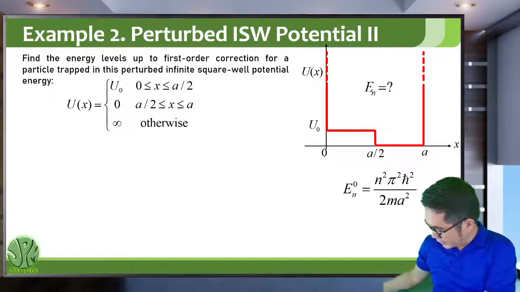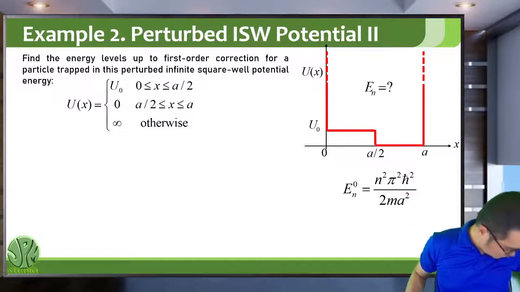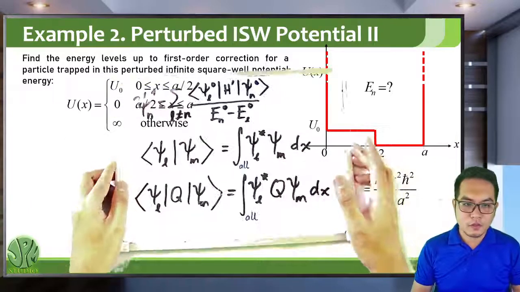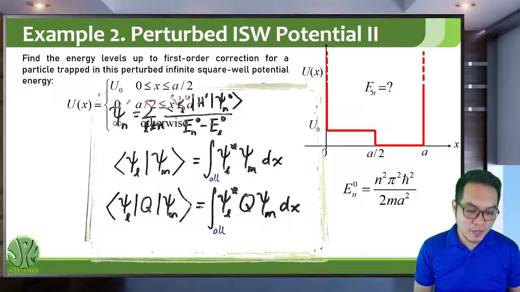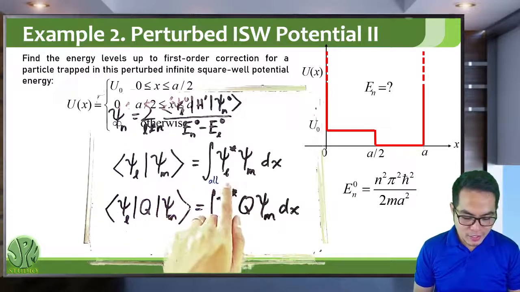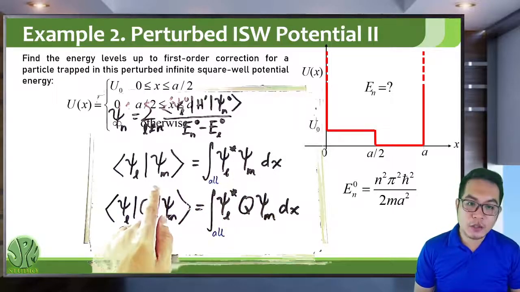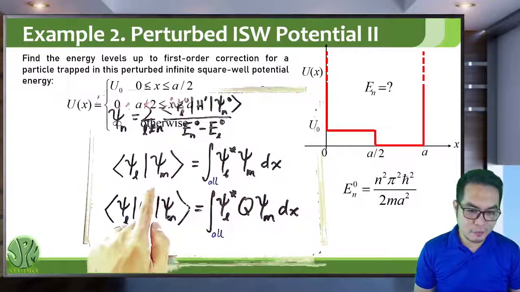So in this case, if you will recall from when we discussed the inner product, ⟨ψ_L|ψ_M⟩ is basically ψ_L conjugate. This is the Dirac notation, and this is the integral form of this inner product.